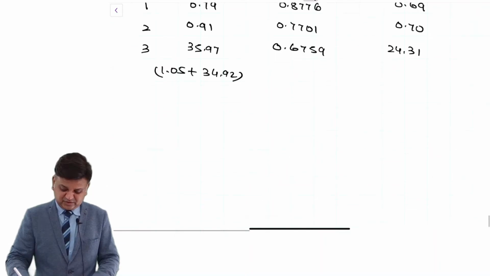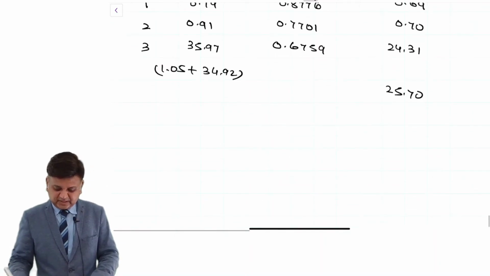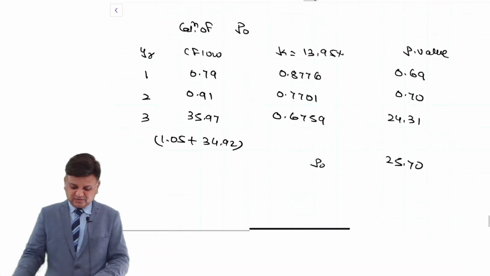So 25.70. That is the way we are required to make the calculation of P0.